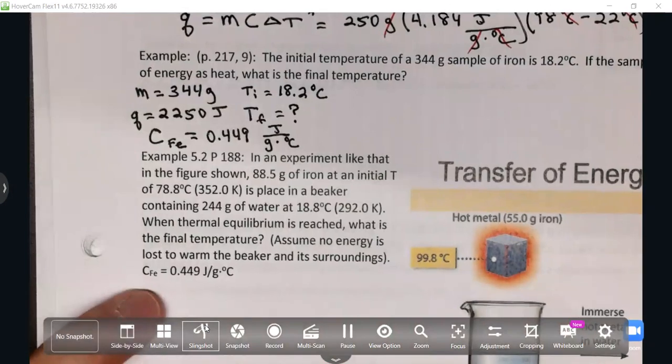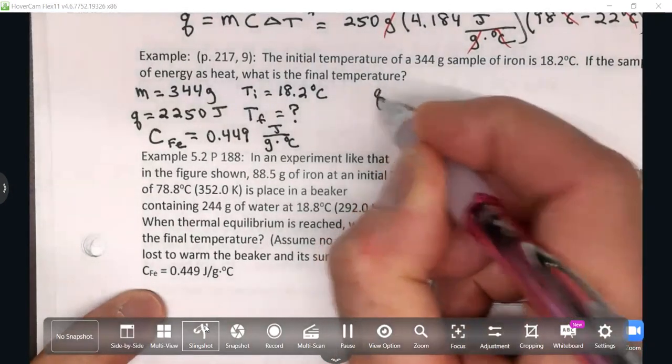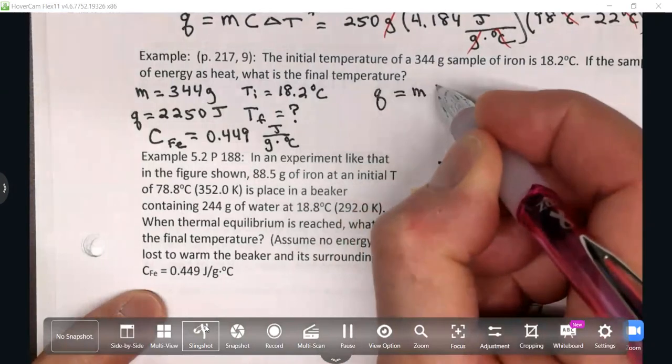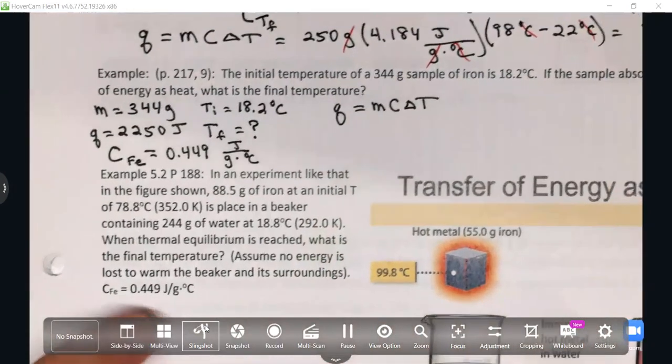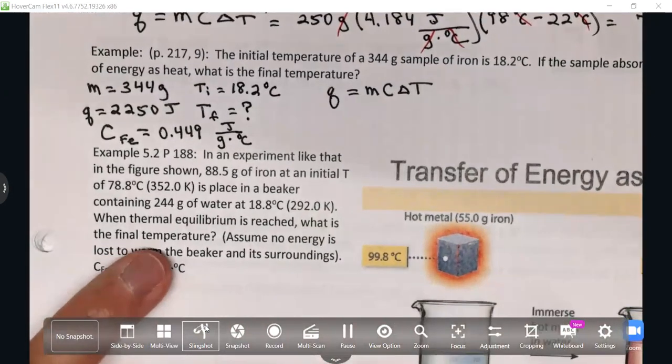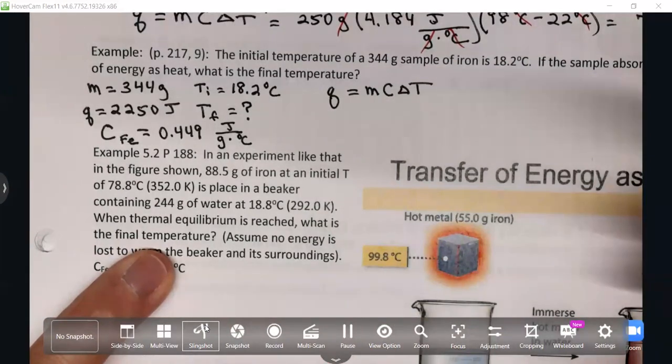Okay, so we are going to have Q is equal to m c delta T. And let's see. I'm going to start putting these in, or we can solve it for T final, I guess. And I'll put them in.